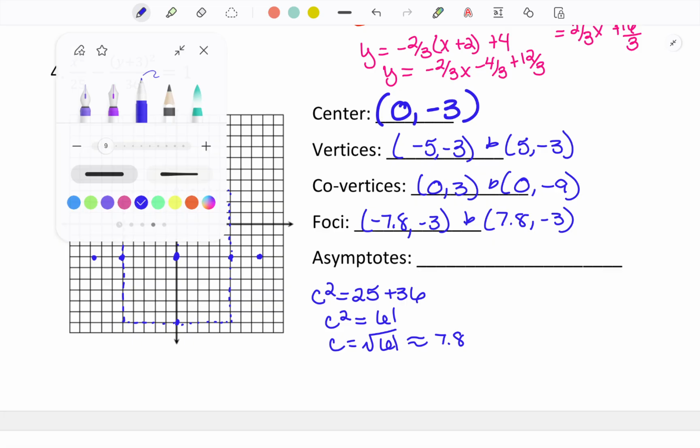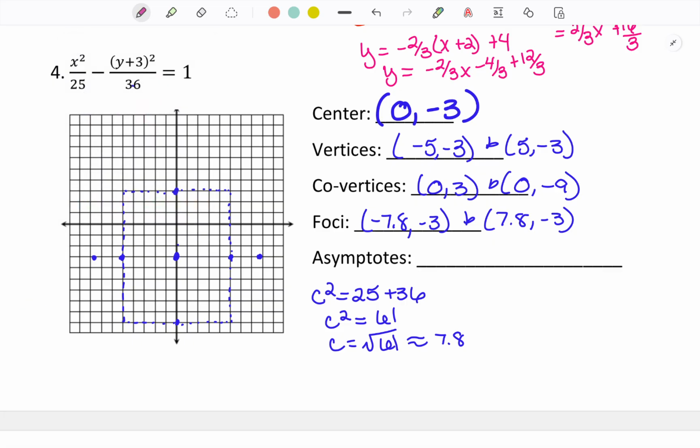So then our asymptotes, we are at y equals plus or minus b over a, so 6 over 5, times x minus 0, minus 3. So that is going to be y equals plus or minus 6 over 5 x, minus 3. So we're going from that center this time.